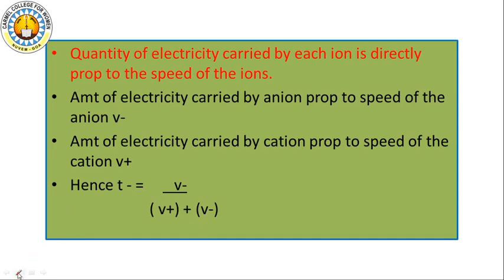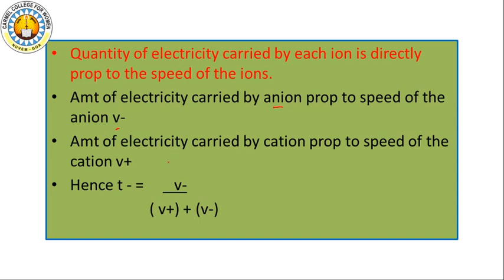The amount of electricity carried by the anion, the negative ion, is proportional to the speed of the anion. The amount of electricity carried by the cation, that is the positive ion, is proportional to the speed of the positive ions.